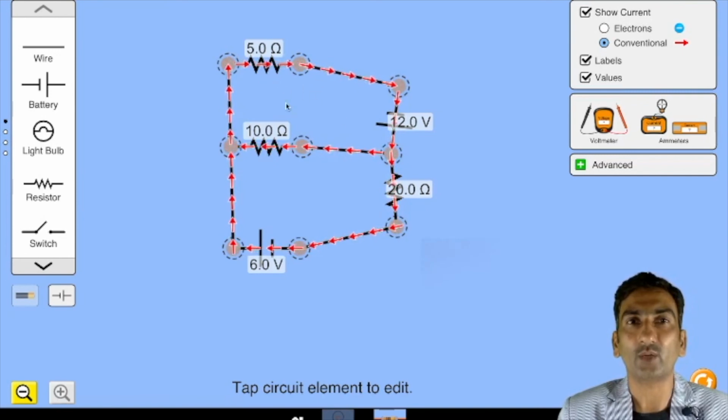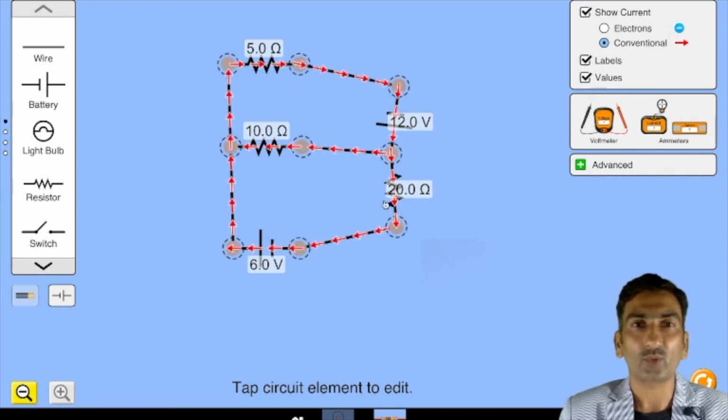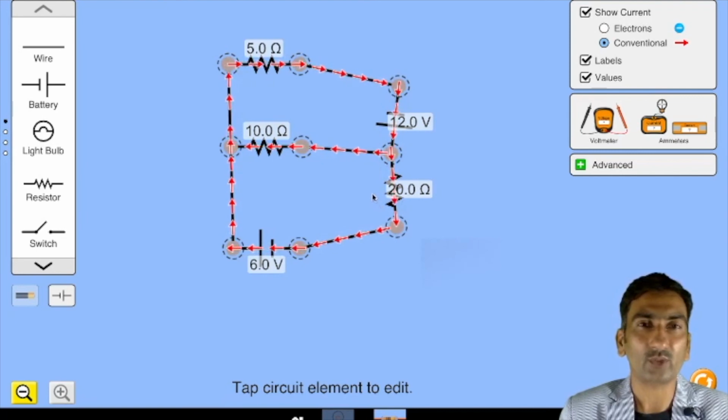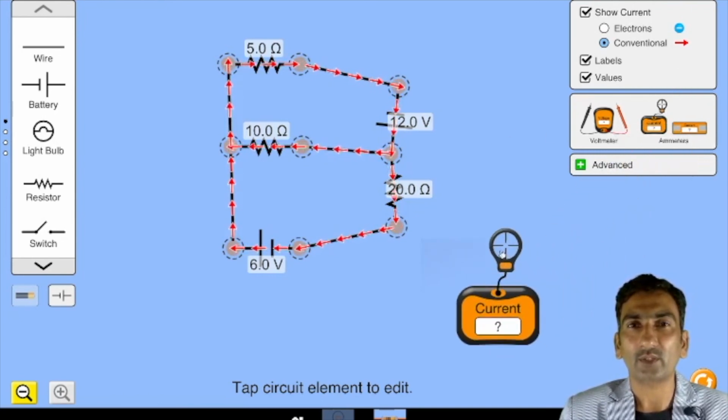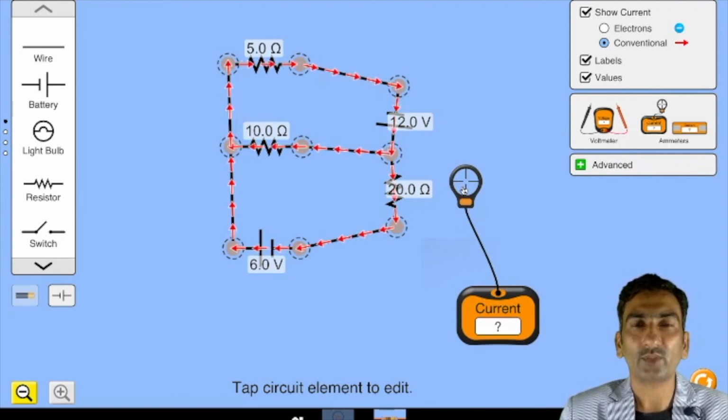In the upper loop, loop 1, we considered the current as I1. I1 enters the junction point C, and I2 and I3 are leaving. As per our calculation, I2 and I3 were 0.6 both, and I1 was 1.2. First let's check I2.